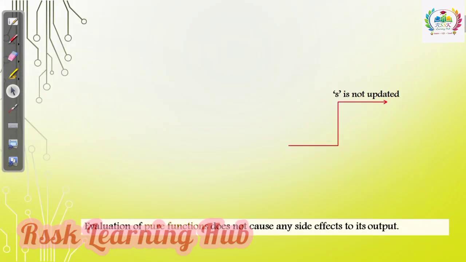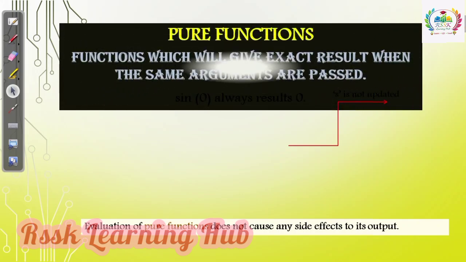Now we will see what a pure function is. The name itself tells you: pure. Pure means what? Clear, crystal. So the things that are written clearly, you can say as pure, right? Similarly, in a function of your program, any function which gives the exact result when the same arguments are passed is called a pure function.